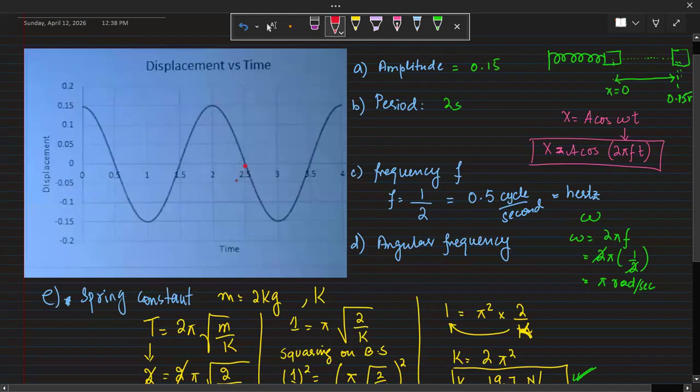Is the spring going down, or is it at the reference line? At the reference line.